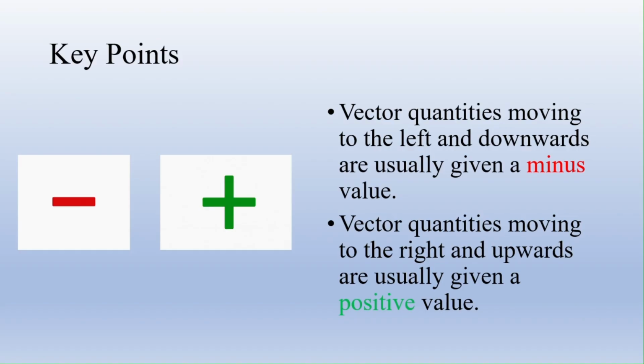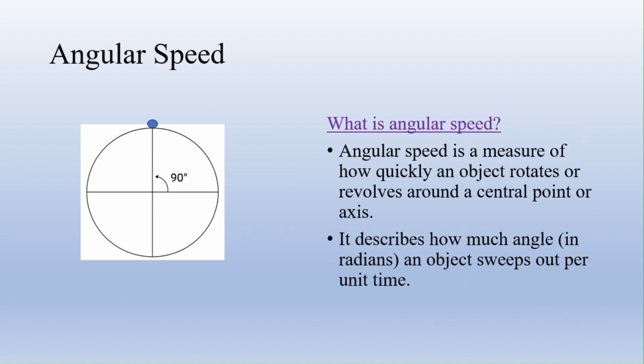Before you can understand what's meant by angular velocity, you've got to understand what's meant by angular speed. It's not too difficult. Just remember that when an object is moving in a circular path, it's changing angles. If you have a look at this little ball as it's moving around, once it comes up to the right-hand side of the circle, it's moved through a 90-degree angle, right?